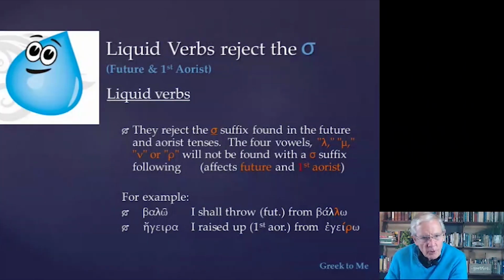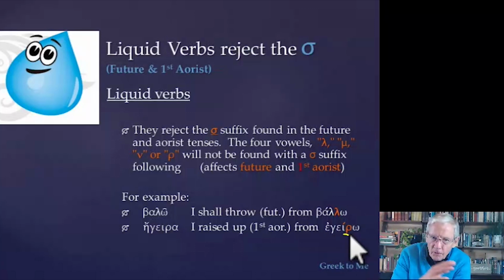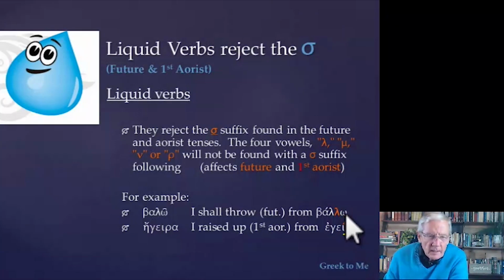Underneath it, you see the word agera. Now, this comes from agero, a word we had all the way back in chapter 1, I raise up. Now, what happens here? Well, here is the augment. Here's our stem. There's the rho, and then we're left with the alpha.